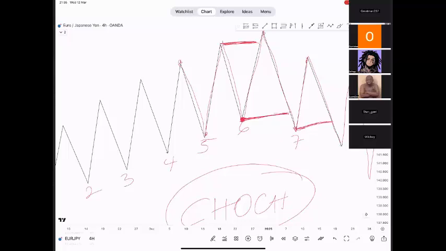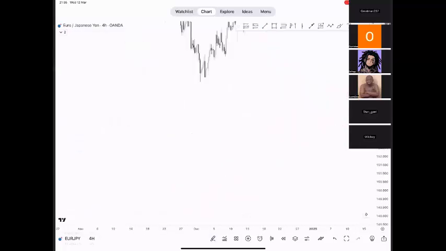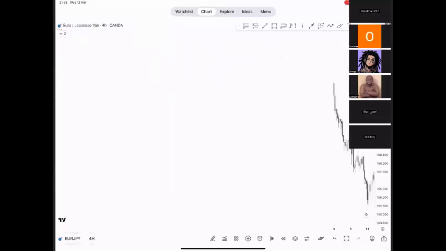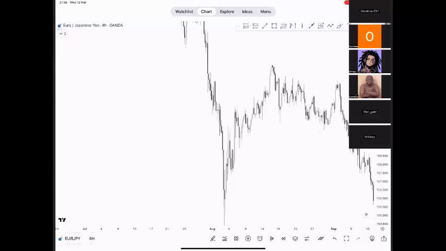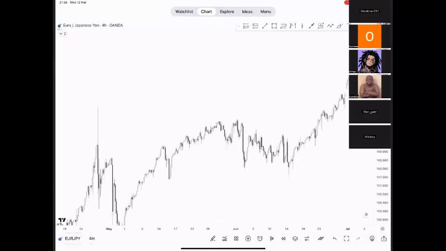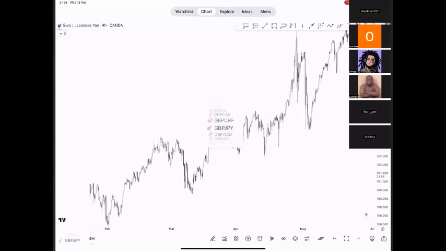So let's look at chart examples to see on the chart all these things that we've been talking about. This is the 4 hours time frame. Let me use gold.